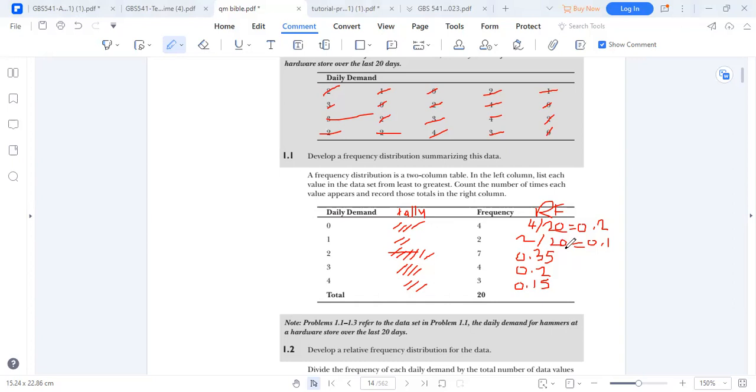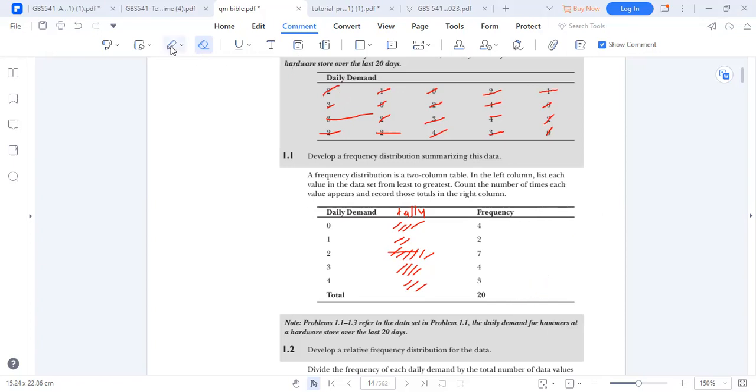All right. Now let me take you to the cumulative frequency. Cumulative means add on.